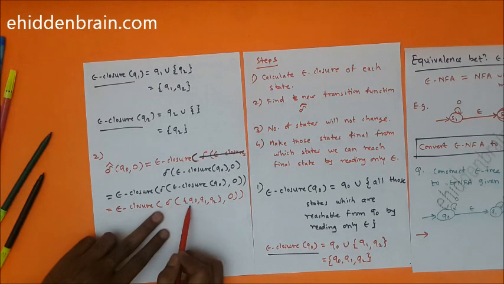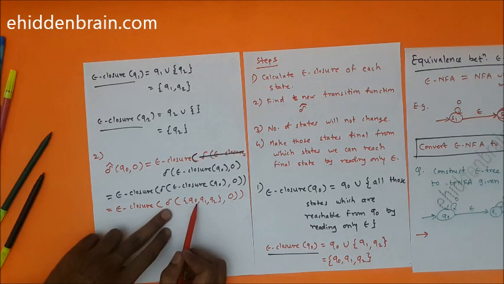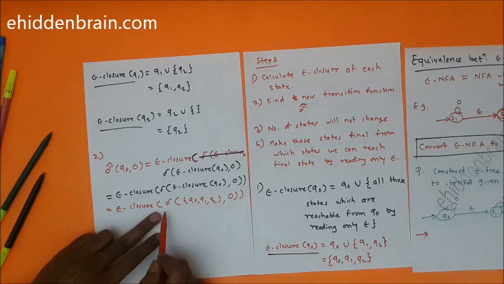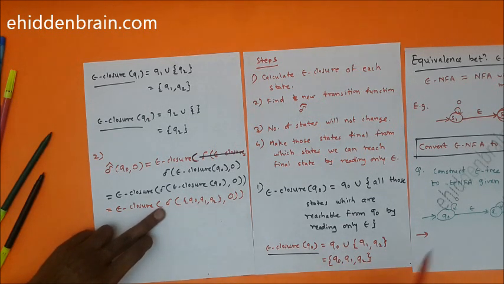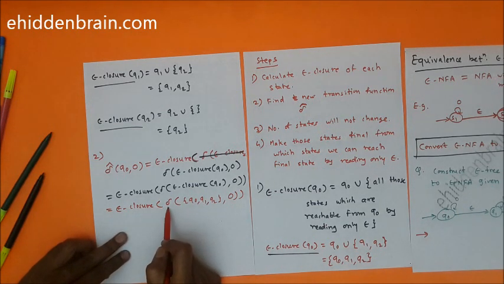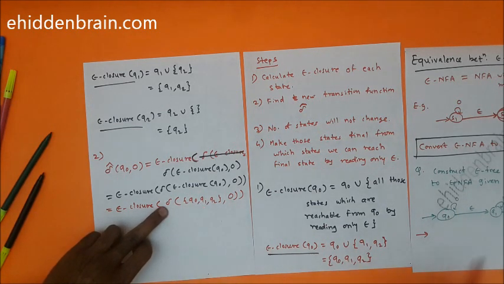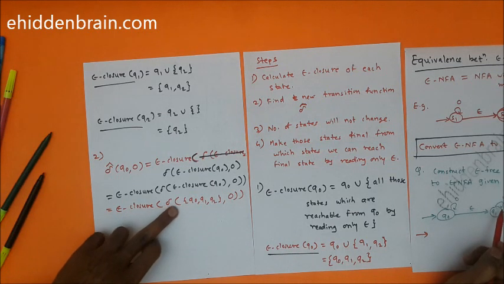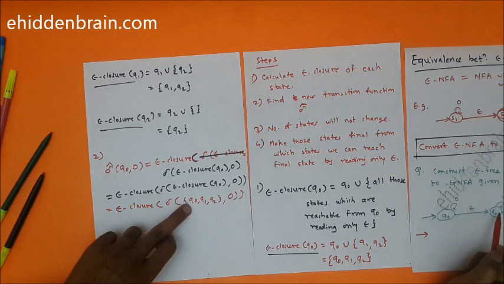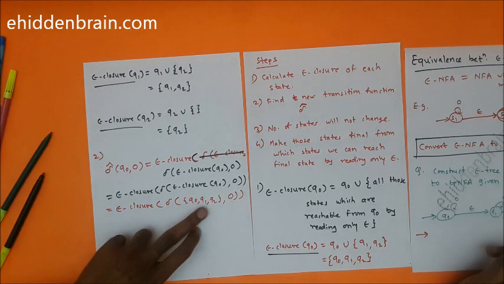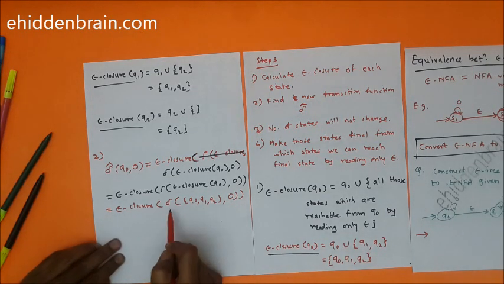Now what will you get? Delta of Q0 with 0 is Q0 itself, right? And then delta of Q1 with 0. There is nothing for Q1 on 0, so that is phi, and then delta of Q2 on 0 is also phi. Finally you get Q0 only.